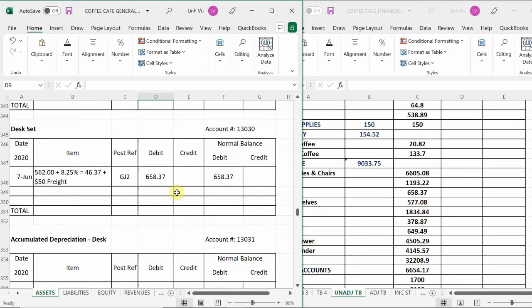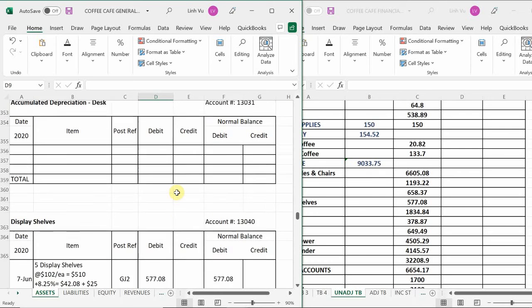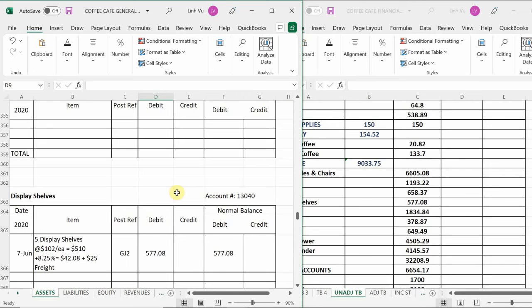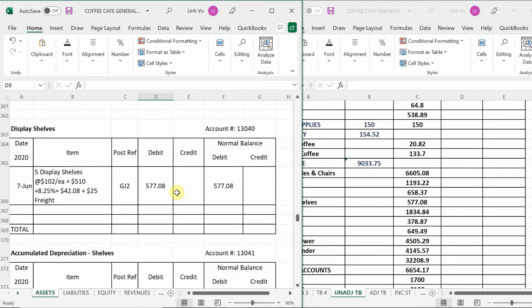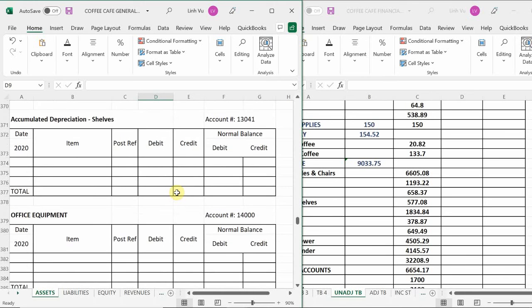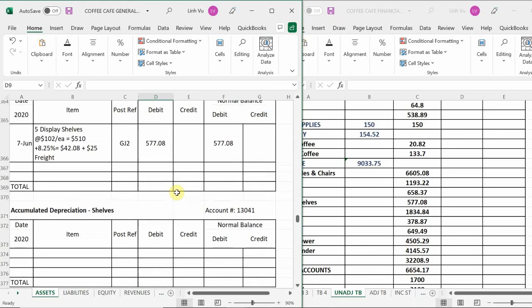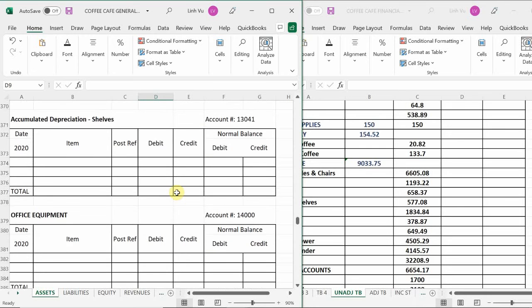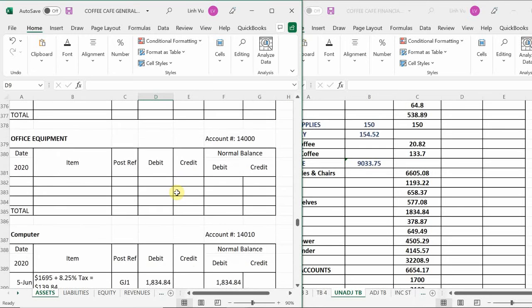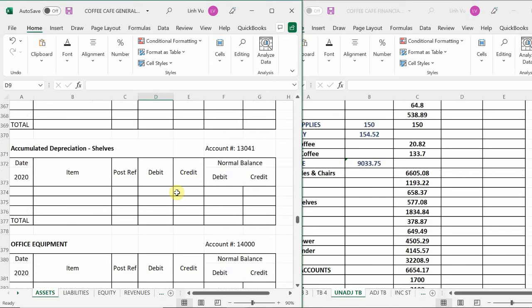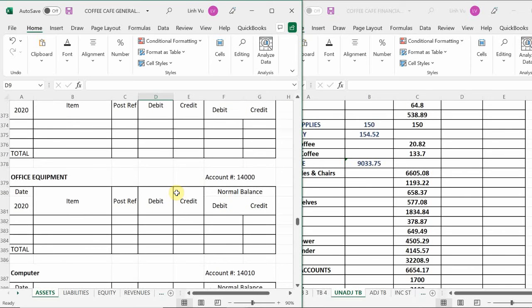My desk is $6.58, and my shelves is $577.08. So in this case, my total furniture is $9,033.75. We haven't done the accumulated yet, so that's going to be something that's going to be an adjustment. So all of those we will add in later.